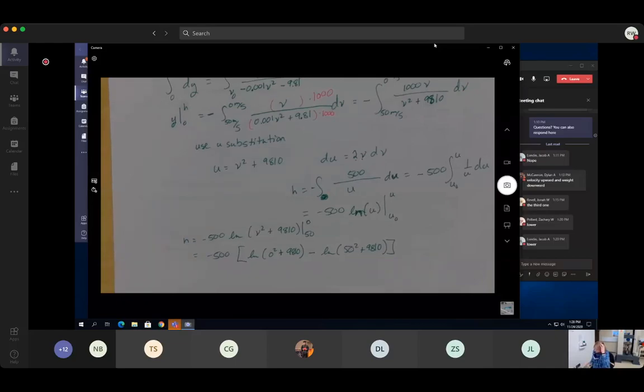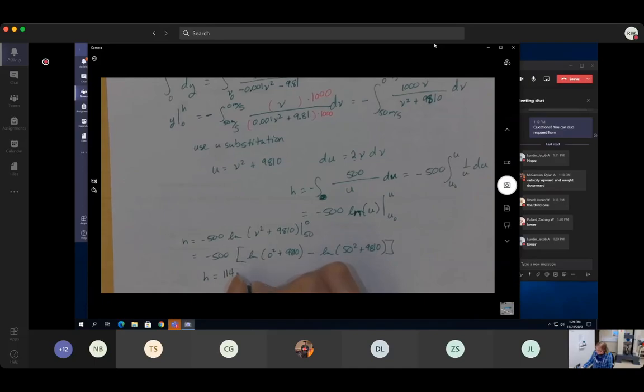And so we can put in the values that we had, and this should work out to be a height of 114 meters.